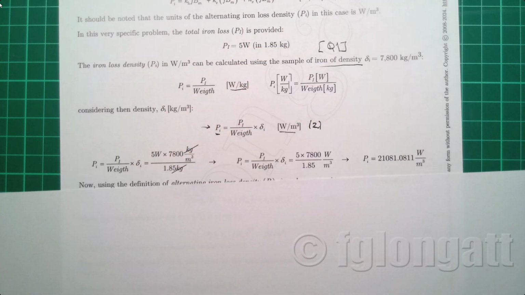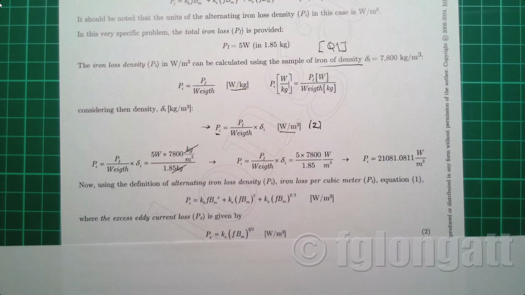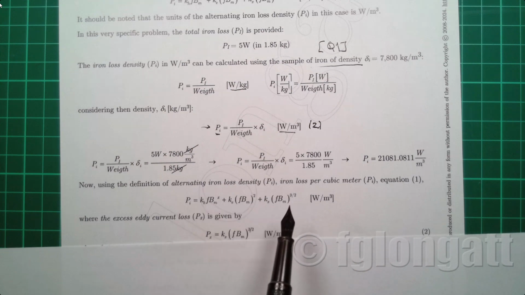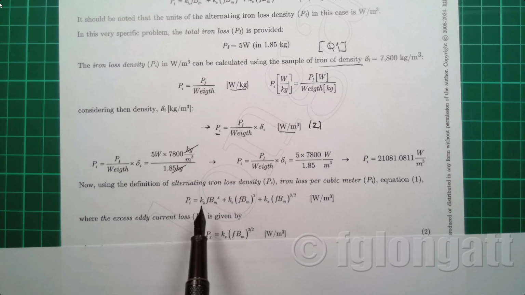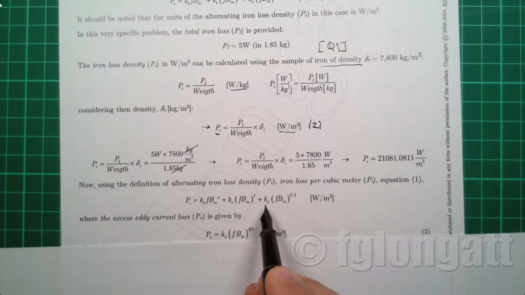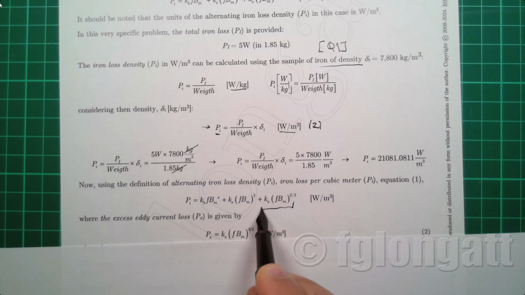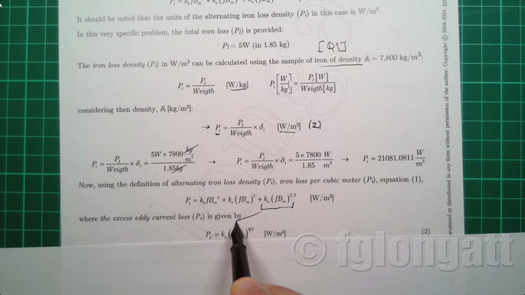So the next step, my dear students and all the viewers, is to use this very important equation that you already know, the equation that combines the three different terms. And you must remember that the last term is what we know as the excess eddy current losses.